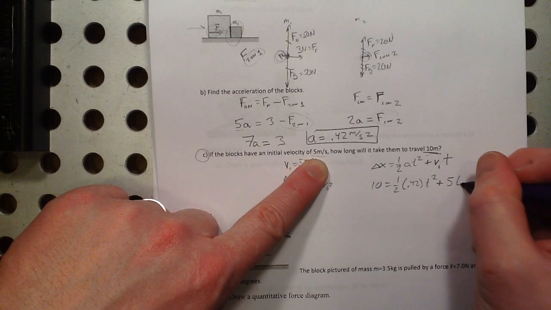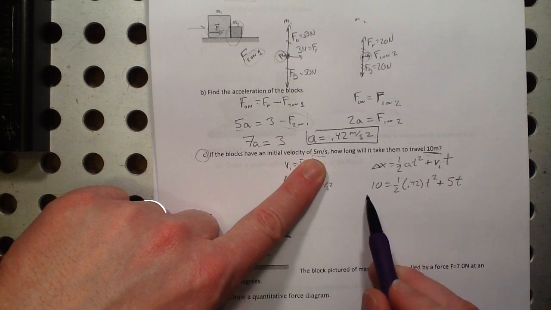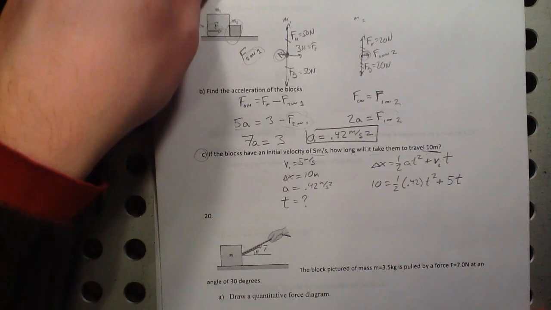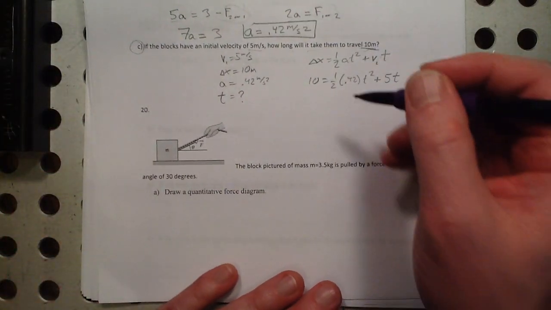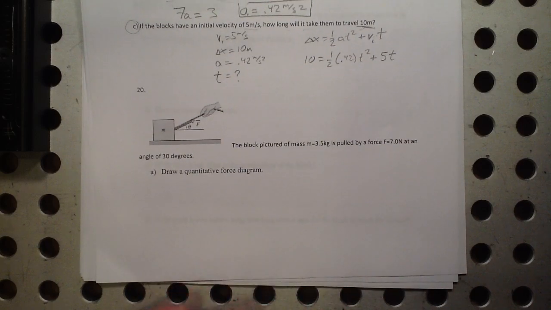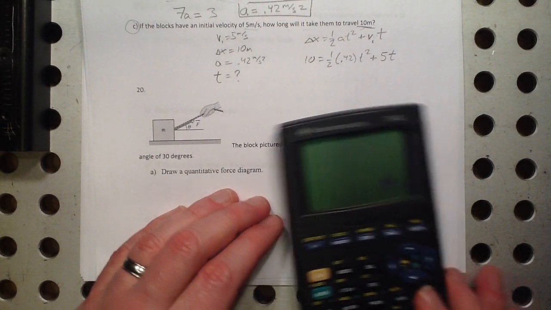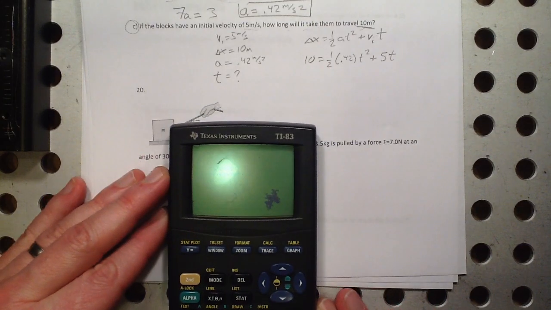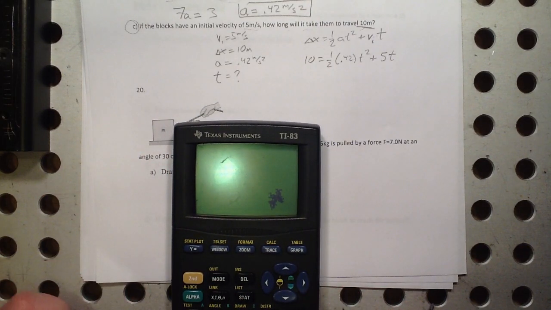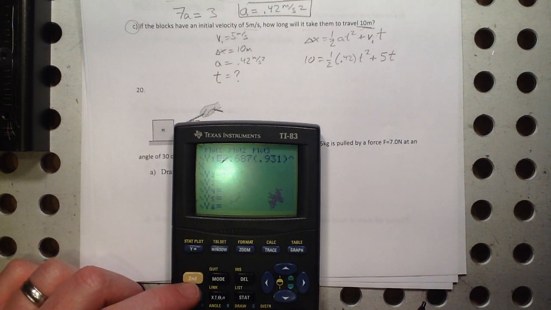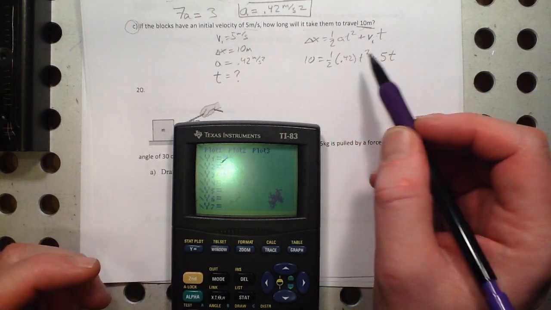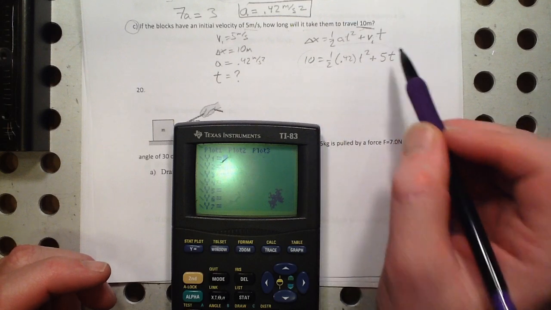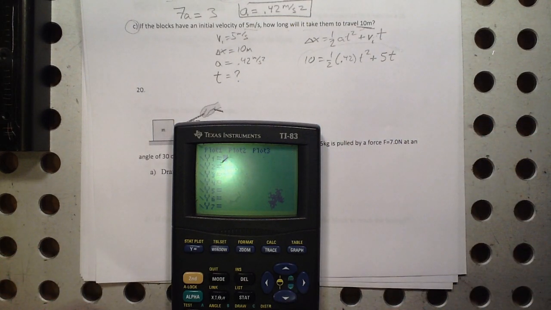We talked about this way back when. There's a couple ways to do this. I'm going to move this over to this side, get everything on one side of the equation. So I've got 1/2, you don't have to simplify, your calculator doesn't care, 0.42 x squared plus 5x, and then this is going to move over to here, so that'll be minus 10.